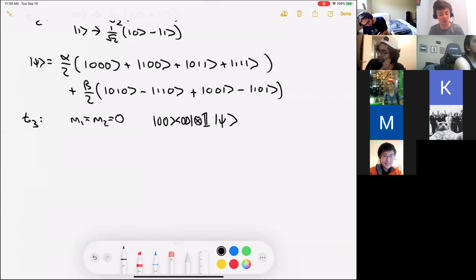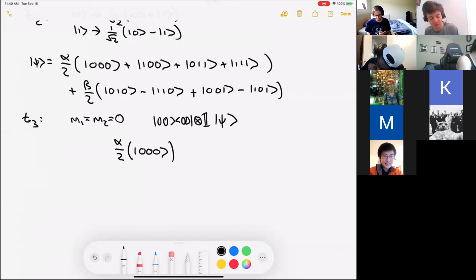What are they? Well, we have the very first term. So we have alpha over 2, 0, 0, 0. And the only other term that survives is this second last term in the betas. We have beta over 2, 0, 0, 1.